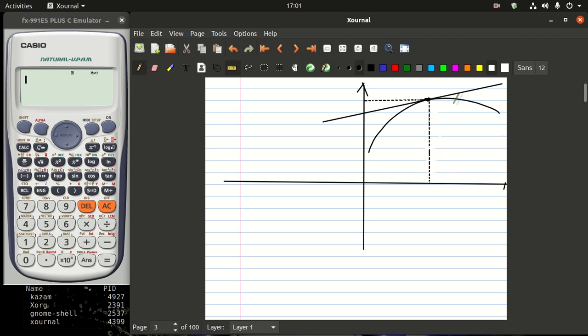Up to that point, I know that this point here is going to be my A. Of course, if this is F, then this point here is supposed to be F of A. If I want the slope of that, all I need to do is pick a point somewhere here on the left, and just some X there. And a point on the right here, and this is also going to be my X there.